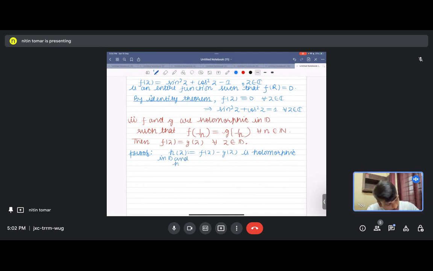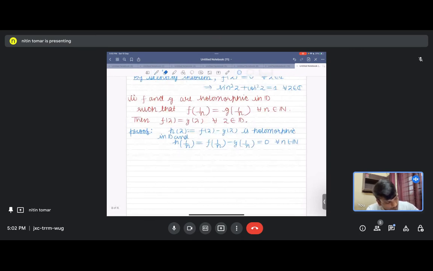And what can you say about h of 1 by n? It is f of 1 by n minus g of 1 by n, which is 0 for all n in N. Okay, so if I define z_n to be 1 by n, right? So this sequence is in the zero set of h, yes or no?